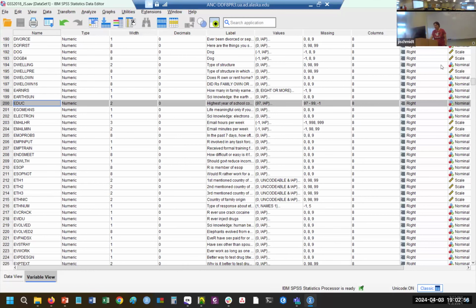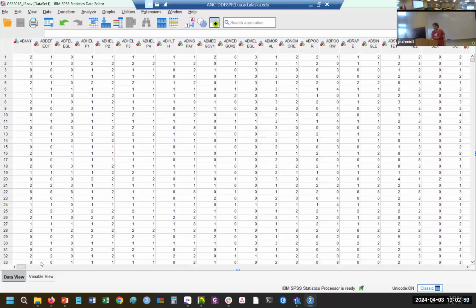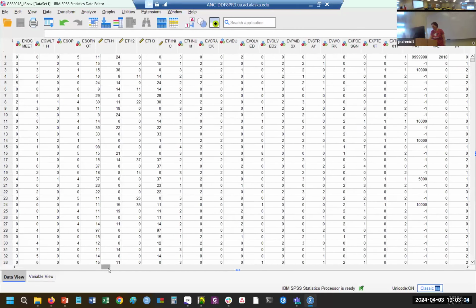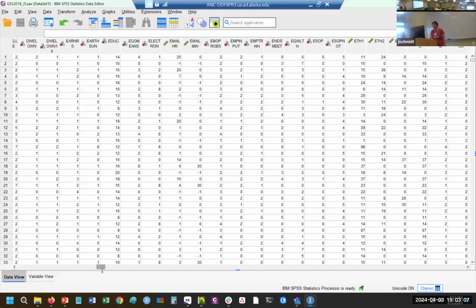If we look at education in the data view, it's actually a number. If we do a frequency on education, it's a number. I wouldn't consider this a nominal variable. I would treat it like a number. So don't always believe what SPSS says for the type of variable. Think about your variables and make a decision based on what the data is showing you.